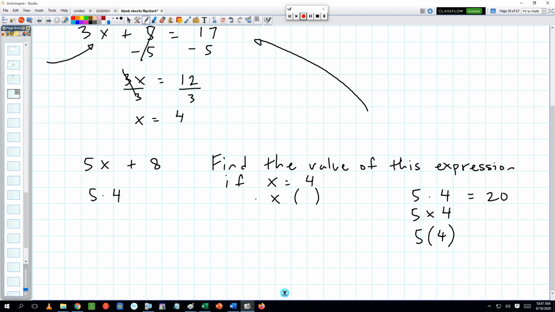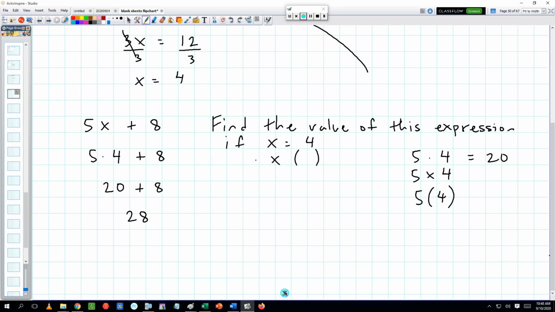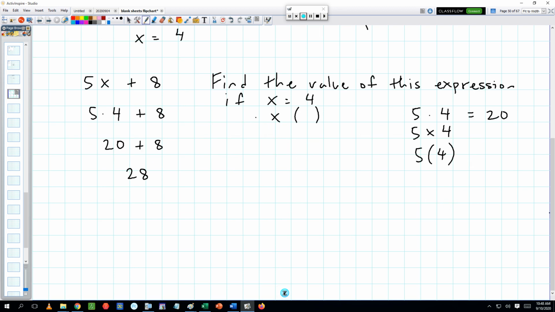5 times 4 plus 8. And then I would just simplify the expression the best that I can. 5 times 4 is 20. 20 plus 8 gives me 28. Now, when you do an expression, you shouldn't bring in an equal sign, but a lot of people do. Some people may do it like this, 5x plus 8.